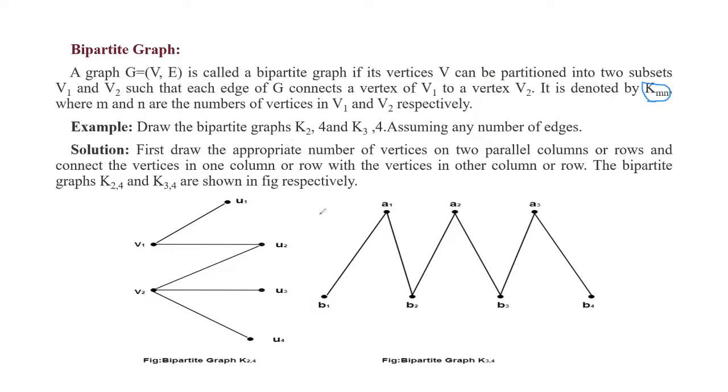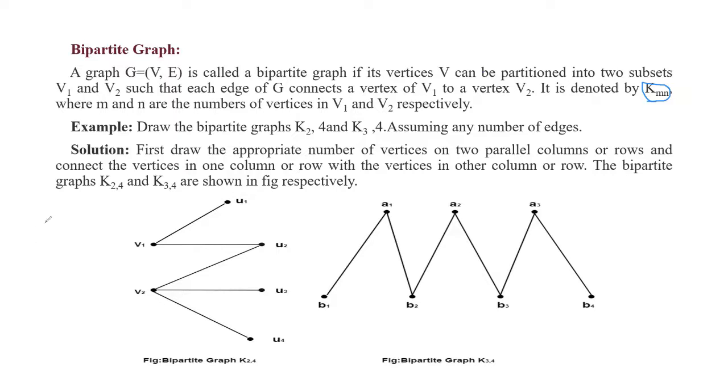So this is the example here. See the first example of a bipartite graph. Here we have V1, V2, U1, U2, U3, U4. Here you have to partition this graph into two sets, V1 and V2.